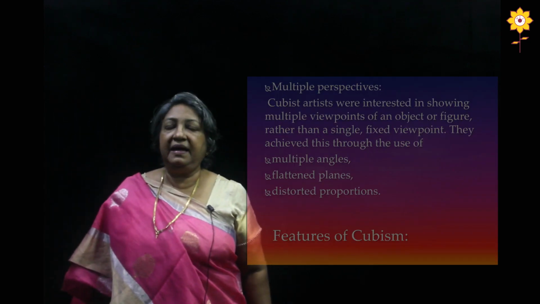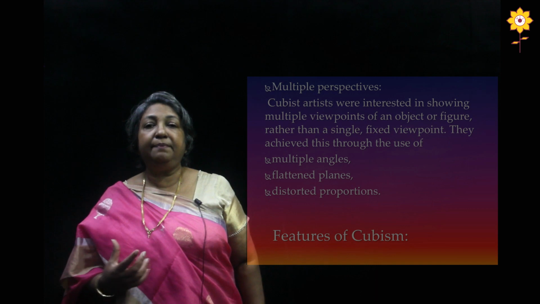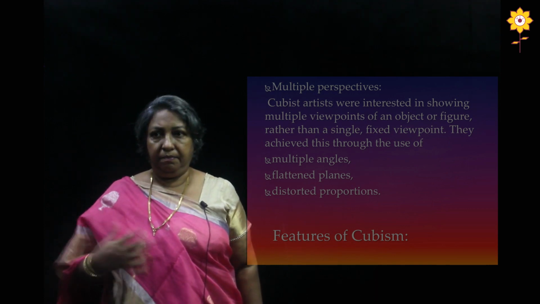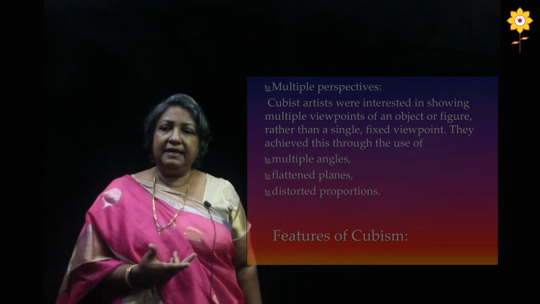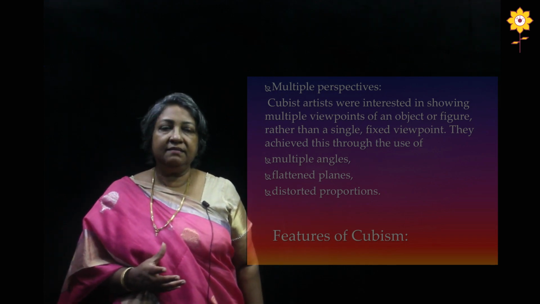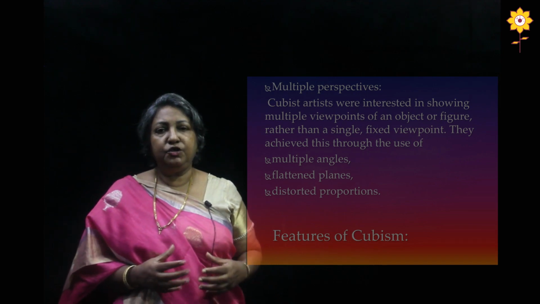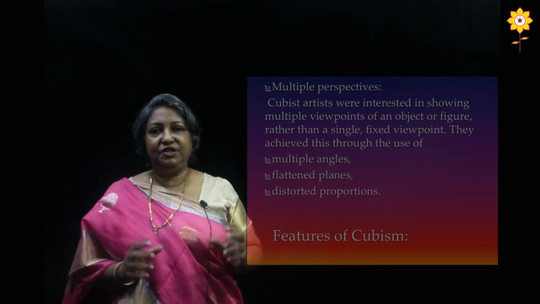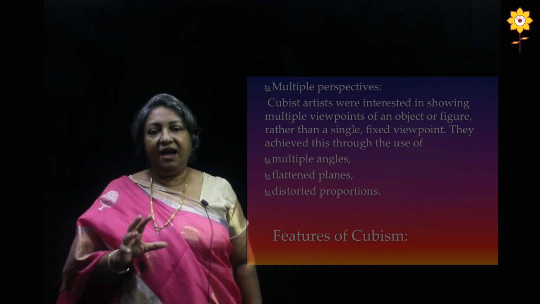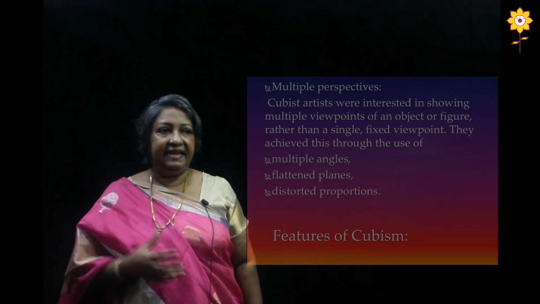Here the painter wants to bring a multiple perspective into the representation. The example that we have seen is Cubism. Cubism prefers to express in terms of geometrical dimensions, breaking a particular art object into different planes.